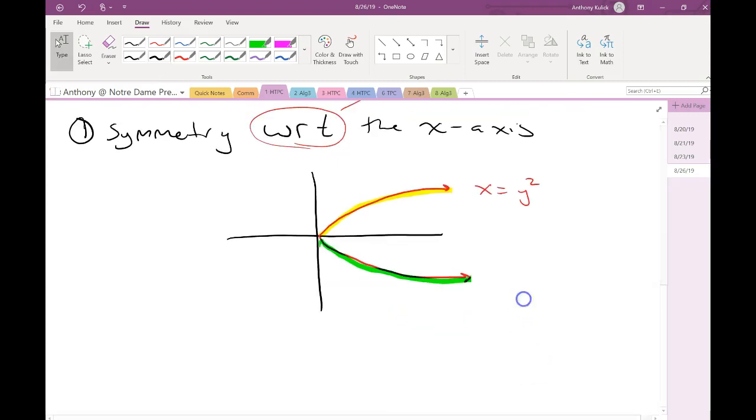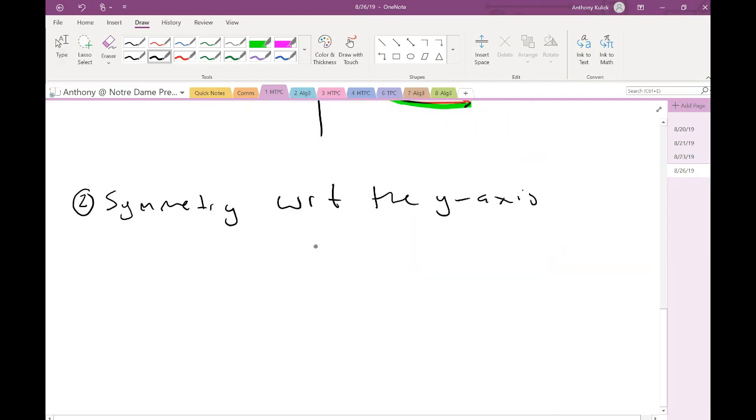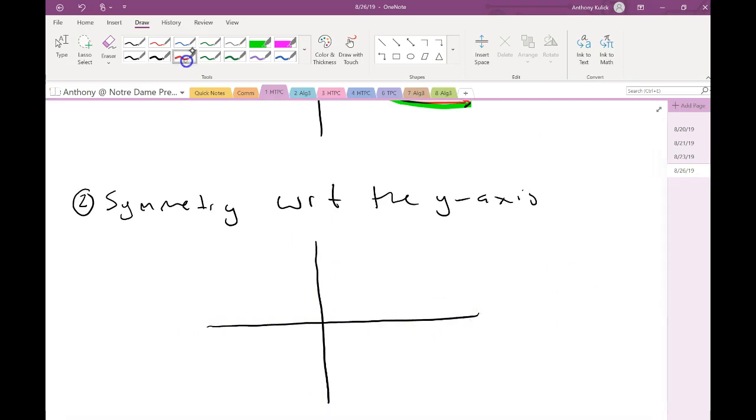Okay. So if we have symmetry about the x-axis, what do you suppose the next one is? Symmetry with respect to the y-axis. So what is that going to look like?